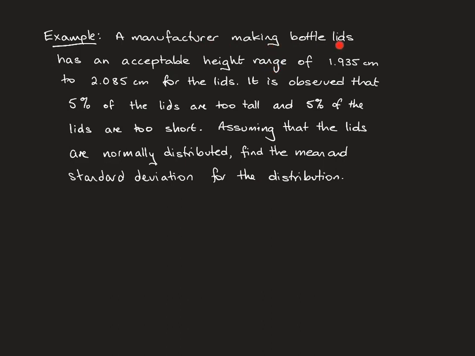A manufacturer making bottle lids has an acceptable height range of 1.9 centimetres to 2.08 centimetres for the lids. It's observed that 5% of the lids are too tall and 5% of the lids are too short. Assuming that the lids are normally distributed, find the mean and the standard deviation for the distribution.